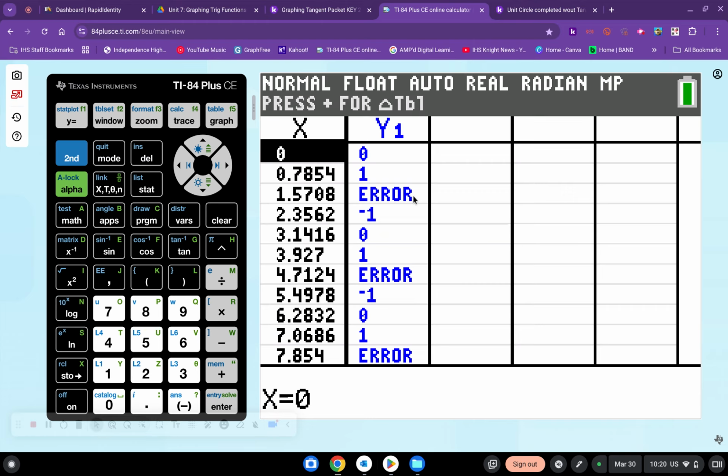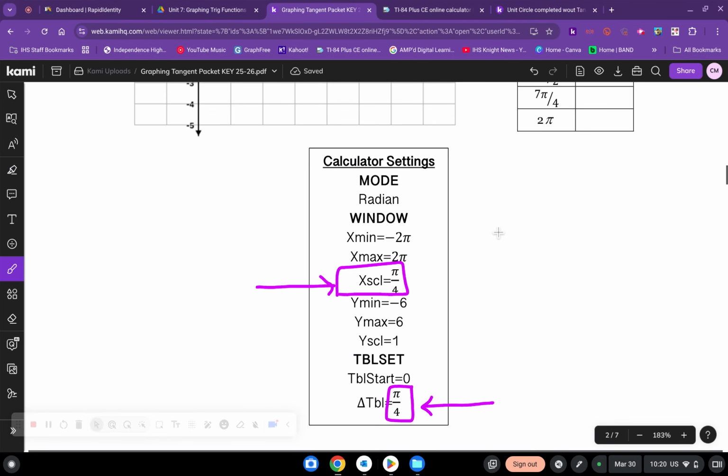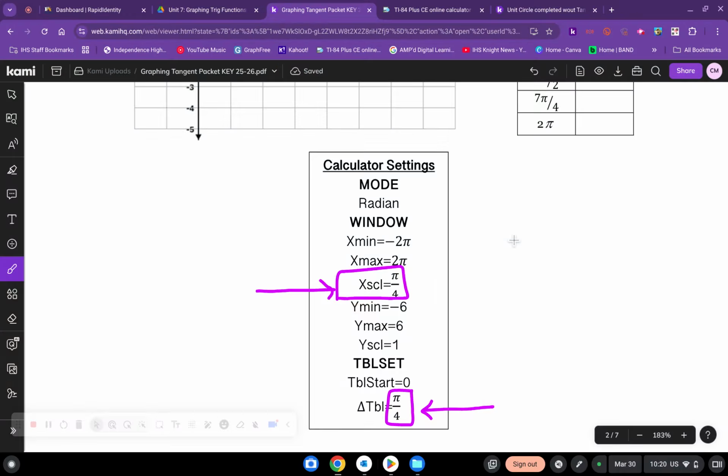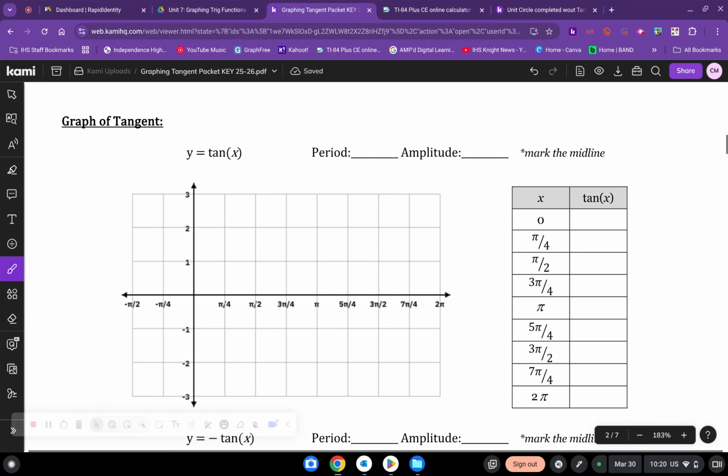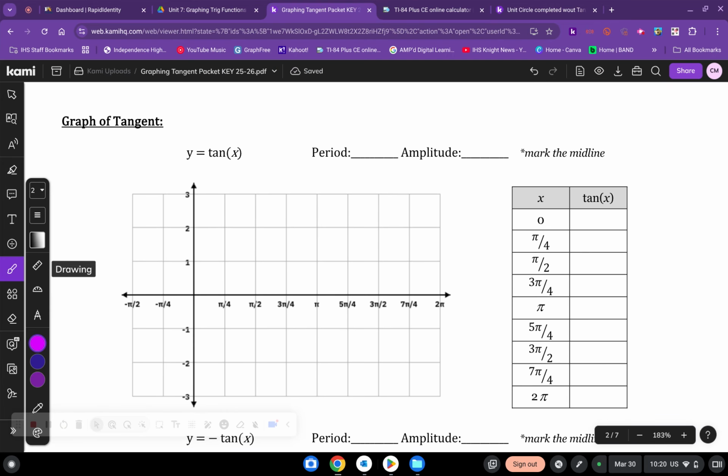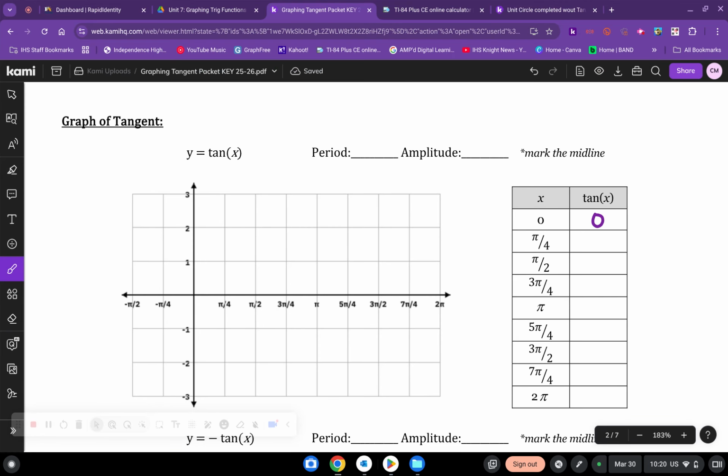Error, because we can't calculate a value to put in that spot, and that's where I'm going to have an asymptote. So over on my paper, I'm going to go up to my graph and fill in my table. 0, 1, at pi over 2 it is undefined, -1, 0, and 1.